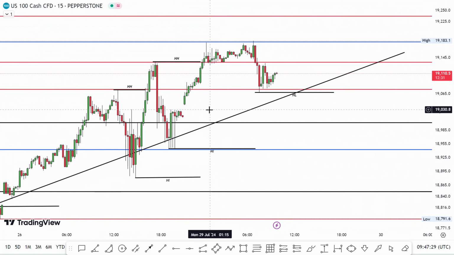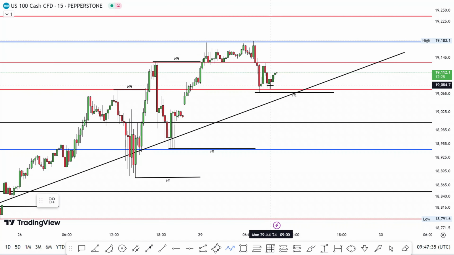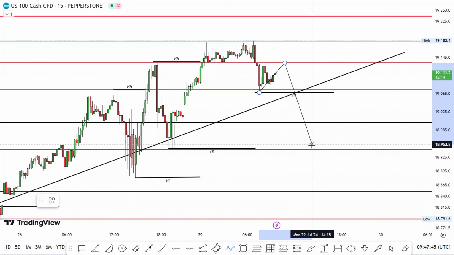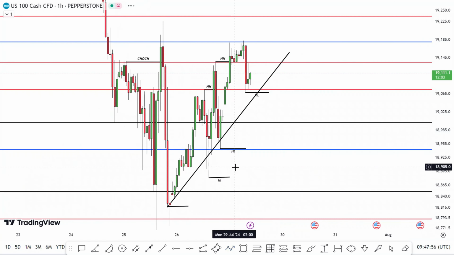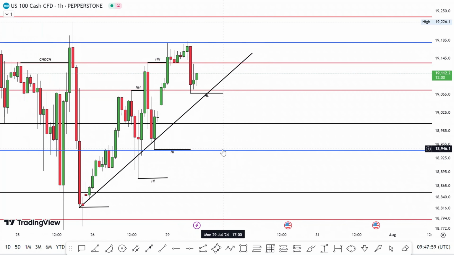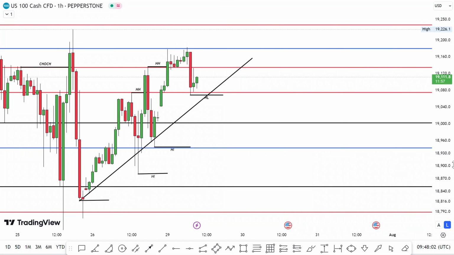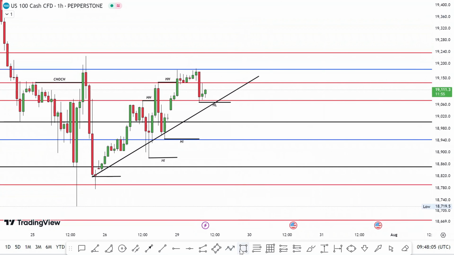So what I'll be expecting the market to do right now in Nasdaq is that, because I will have to wait till 2:30 before I take any trade, or sometimes wait till 12 o'clock, I'll be expecting the market to actually come back to this support level here. Let's go to the 1 hour time frame. What I'm expecting the market to do is to actually come down to this blue line here, which is this support level. Let's use the Fibonacci tool.